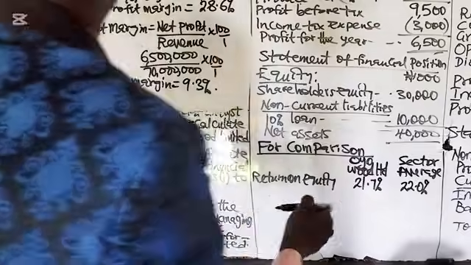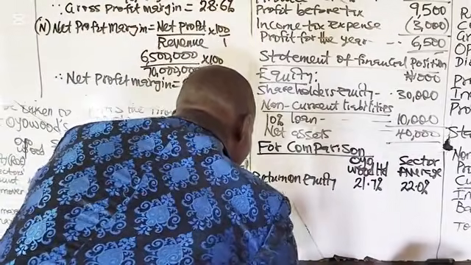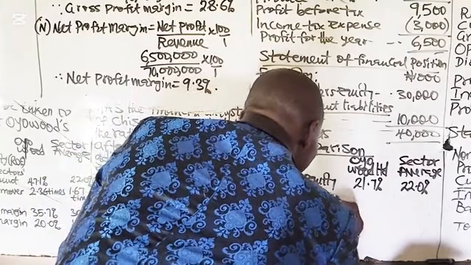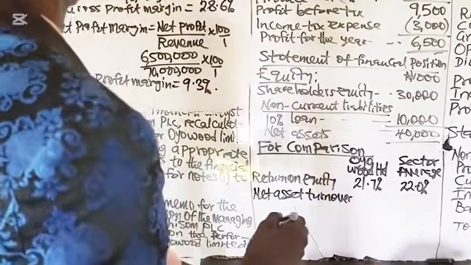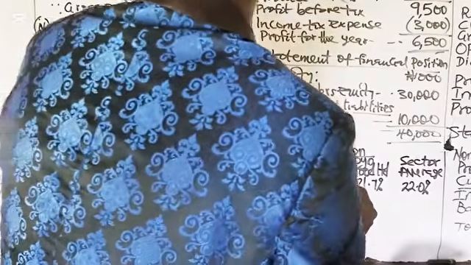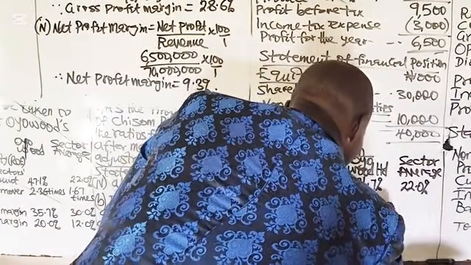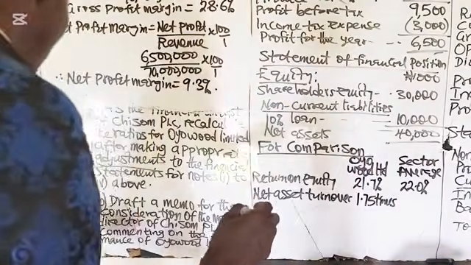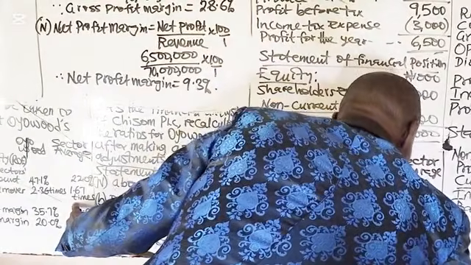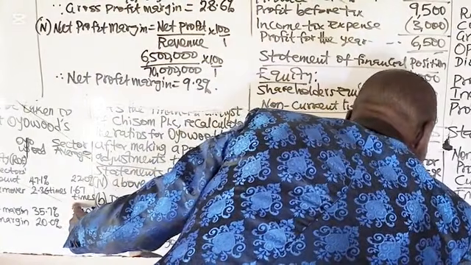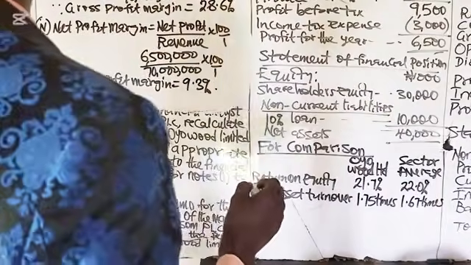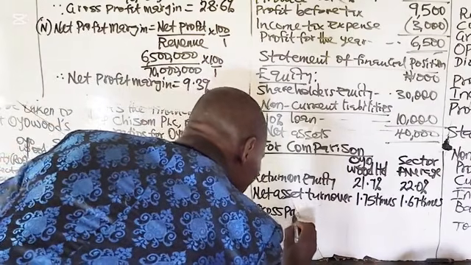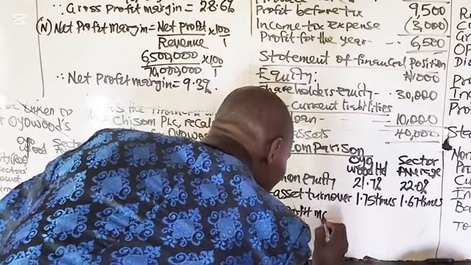Then the second ratio computed is net asset turnover for Oyo Wood. From our calculation, we got 1.75 times. The sector average given in the question is 1.67 times. Then the third ratio is gross profit margin.